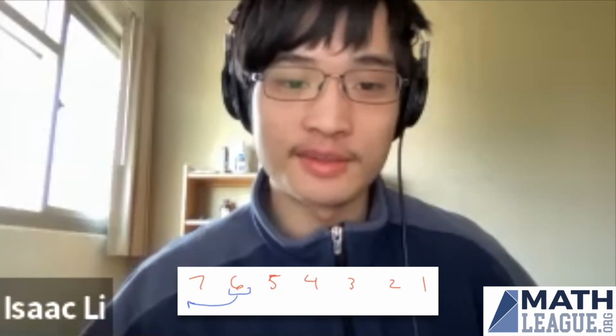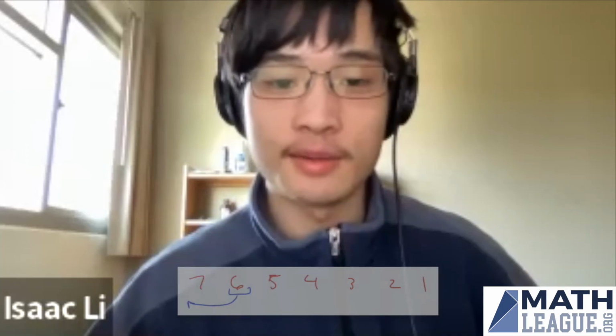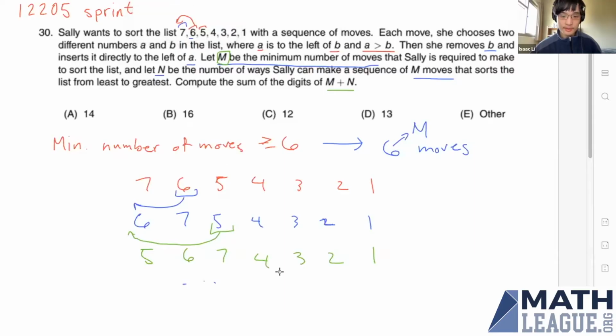And there's only one space to the left that we could move these numbers to. So at any given point, where can we move these numbers and what numbers can we move? So let's say we can do this 3, for example, and move it to the left as well. So we would have 3, 5, 6, 7, and 4, 2, and 1.